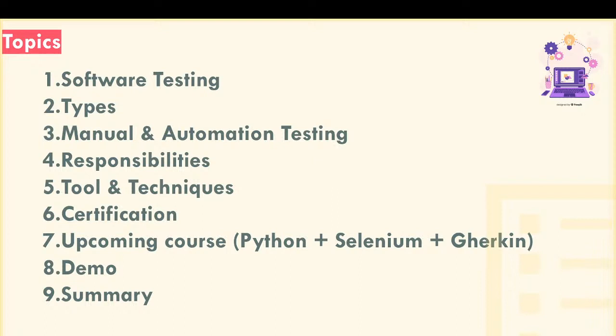Then we'll talk about the tools and techniques available in the market for automation testing. I will talk about the open source tools, and then we'll talk about the certification you should do for testing. Then I will give you a short demo and talk about my upcoming video series for Python, Selenium and Gherkin. And finally we'll talk about the summary.